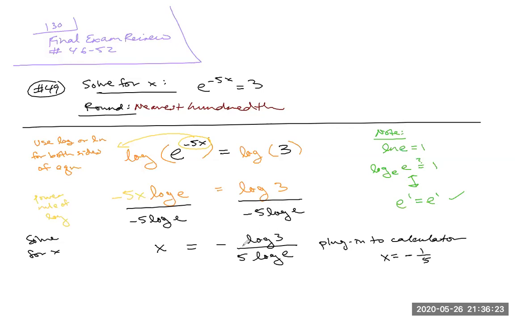So I'm taking the coefficient of 1/5 out, and then log 3 over log e, that's log base e of 3 from the change of base formula. So x is negative 1/5 ln 3. Those are alternate forms of answers.